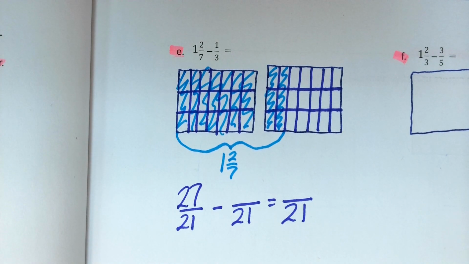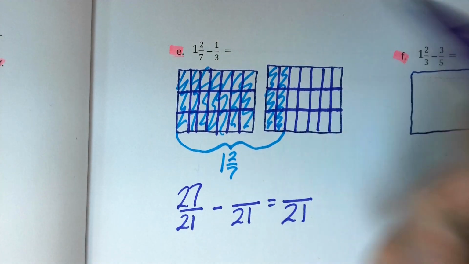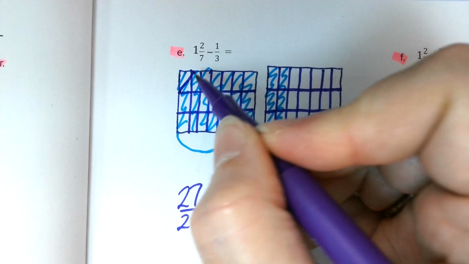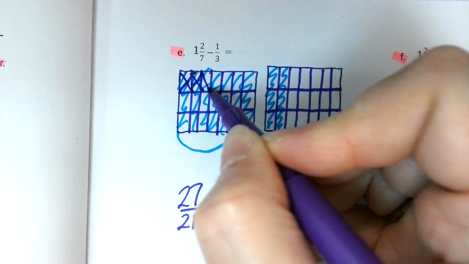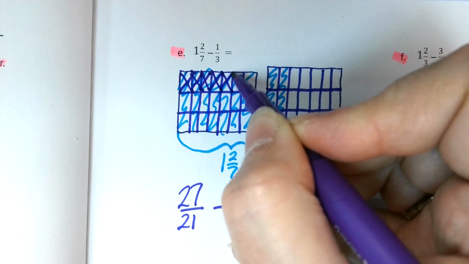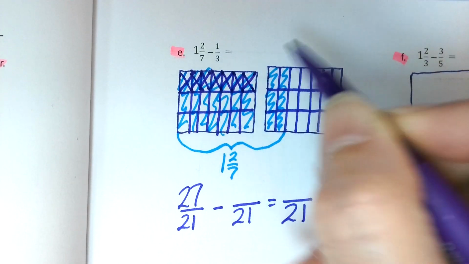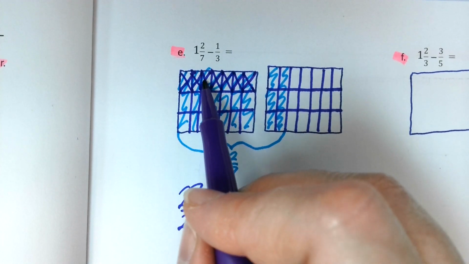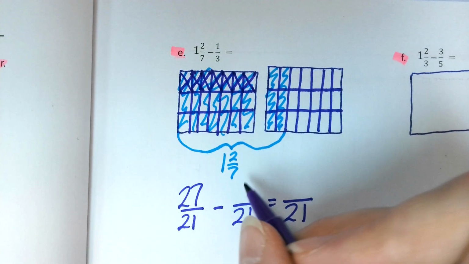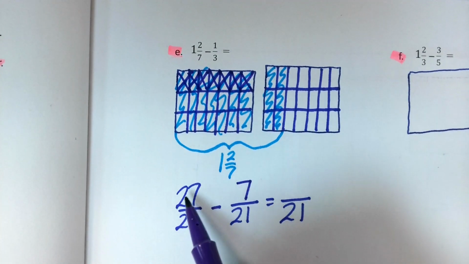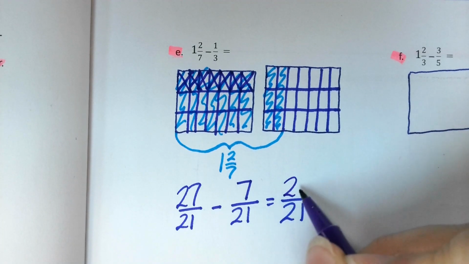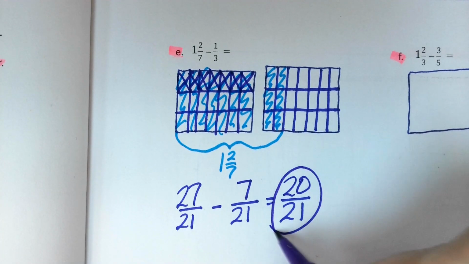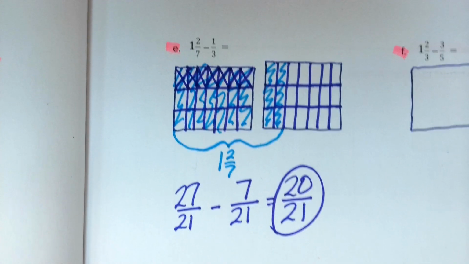Now I am subtracting 1/3. So I'm subtracting 1, 2, 3, 4, 5, 6, 7 twenty-firsts. 27 minus 7 is 20 twenty-firsts.